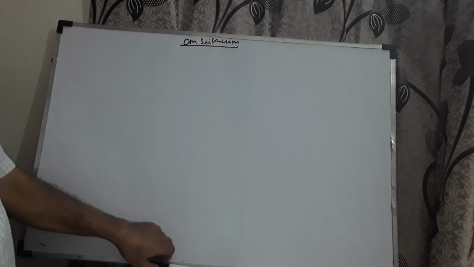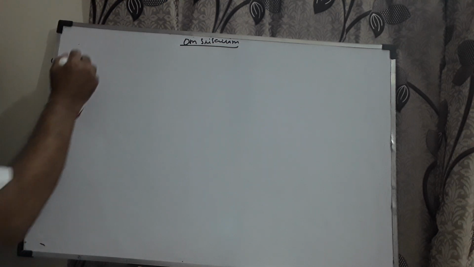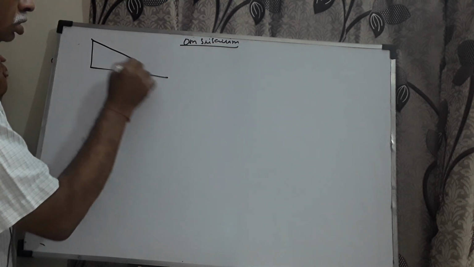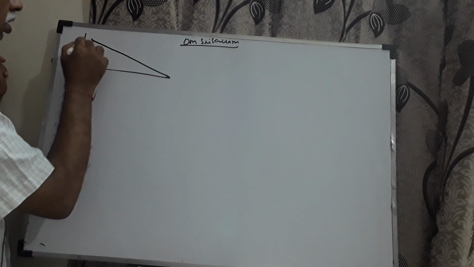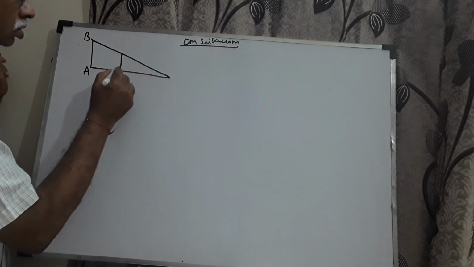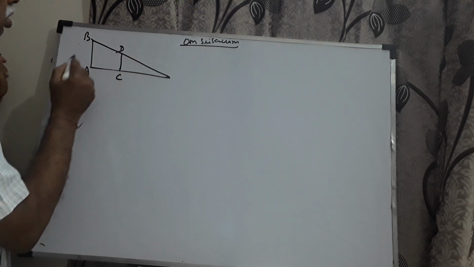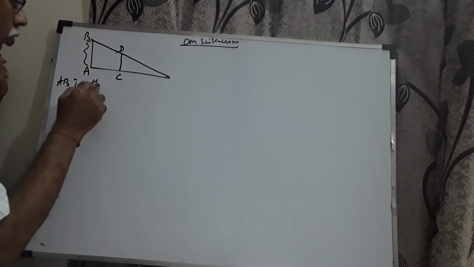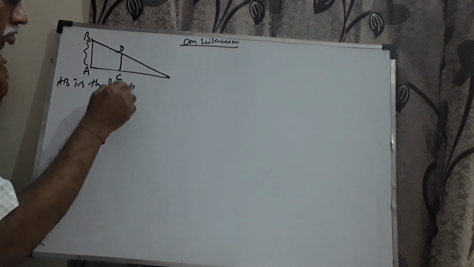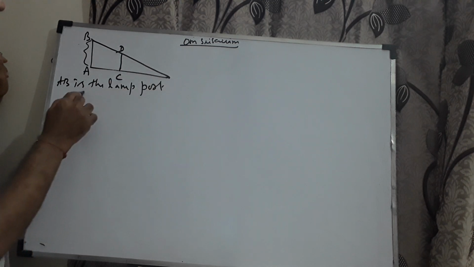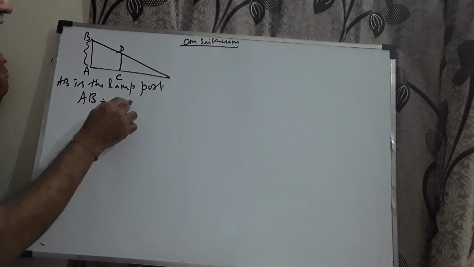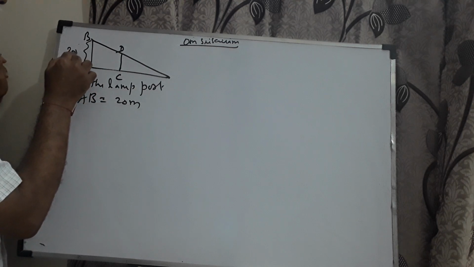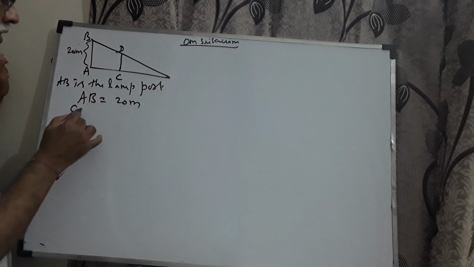Okay, just let me draw the diagram meant for that. This is the diagram. AB is the lamp post. Now AB is equal to 20 meters, that is given. This height is 20 meters.